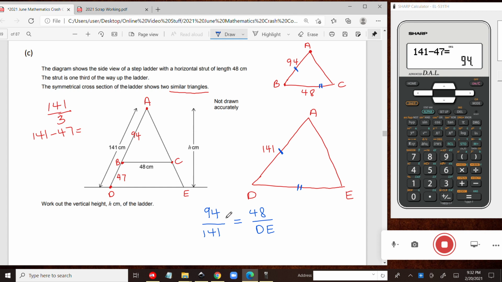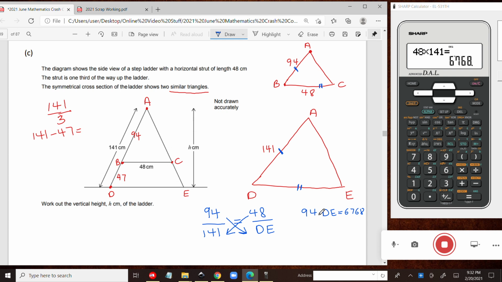So let's cross multiply. I'll do this one first. 94 by DE is just 94 DE. And now we have to say 48 by 141. 48 multiplied by 141, we'll get 6768.